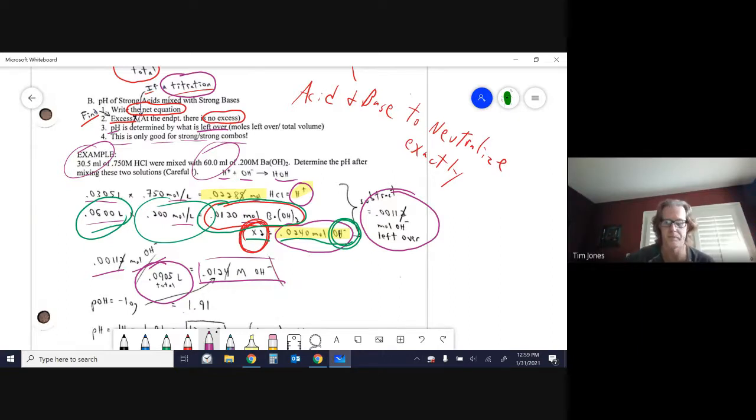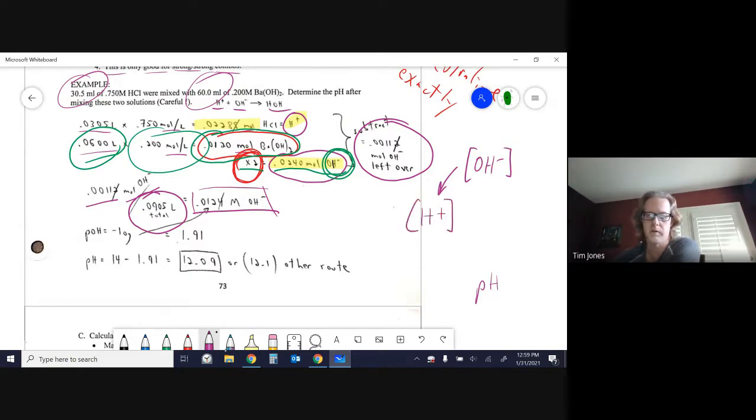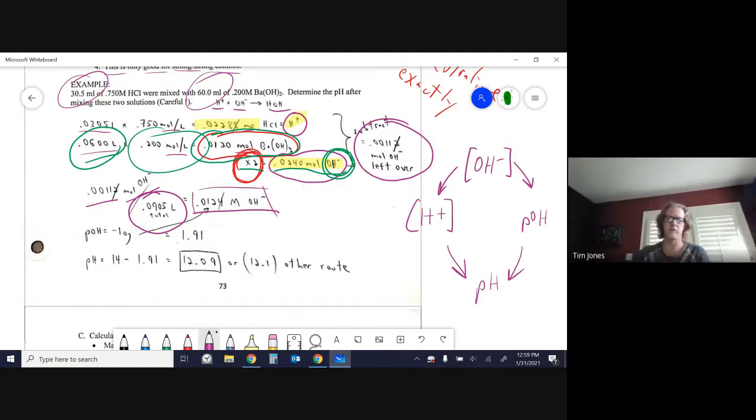Now, to go from hydroxide concentration to pH, there are 2 routes, and they both take 2 steps. You can go from hydroxide to hydrogen ion to pH, or you can go from hydroxide to POH to pH.